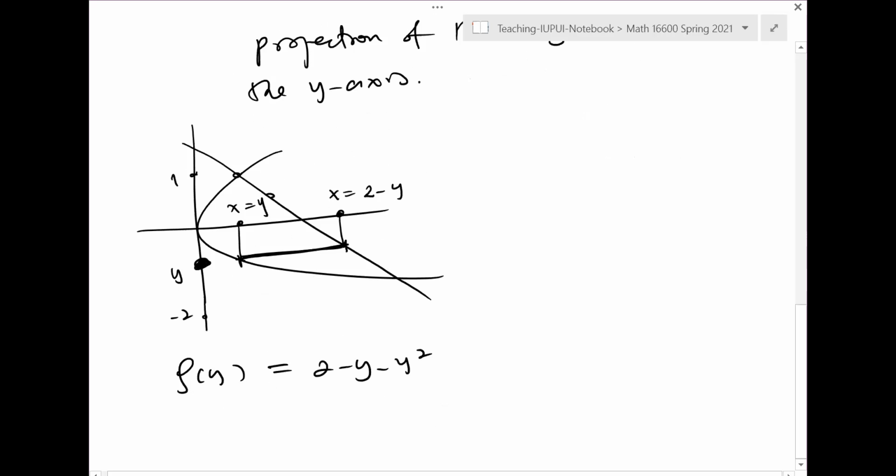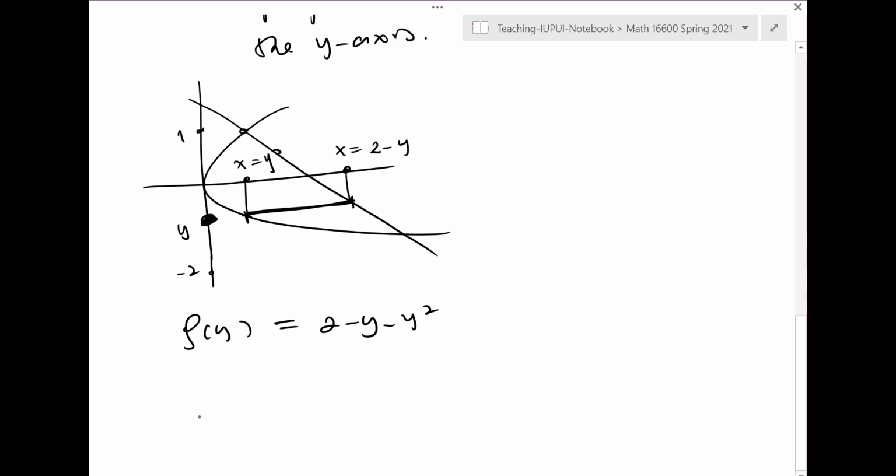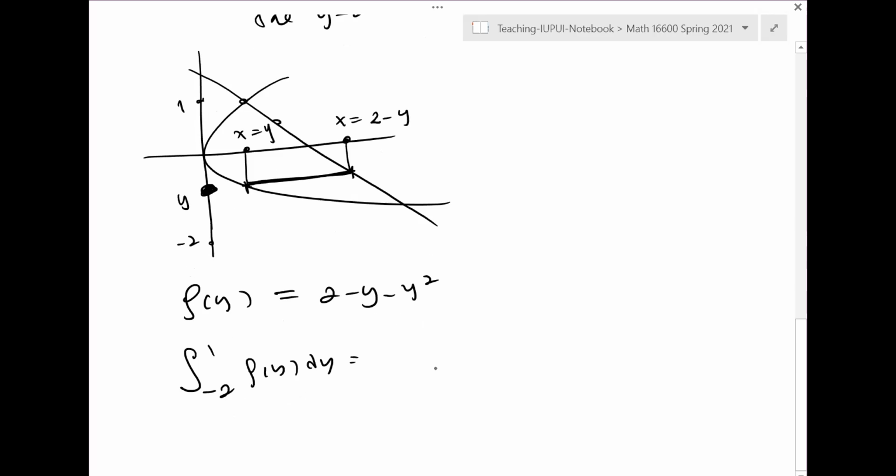So the integral from negative 2 to positive 1 of this density function is actually the area of that region. But this is also the mass of the projection of that region onto the y-axis. Because of the total, right? So this actually gives us the mass, the area of the region.